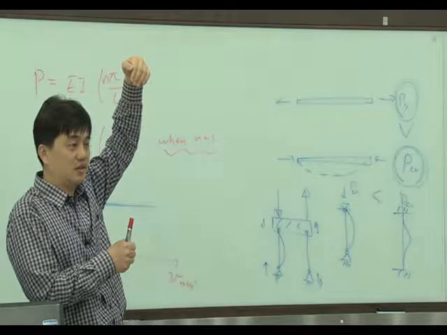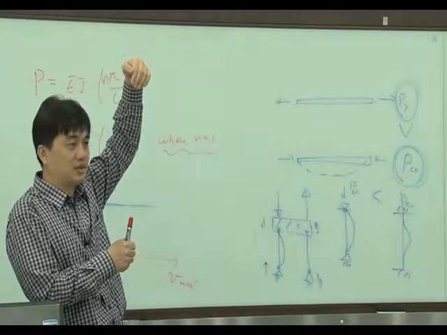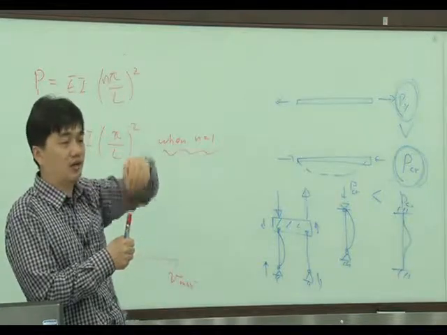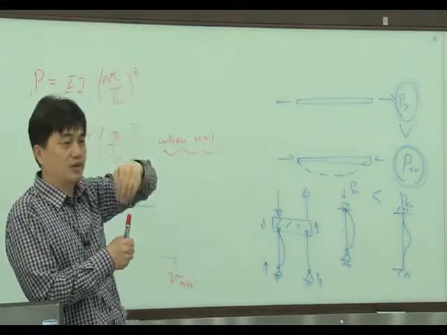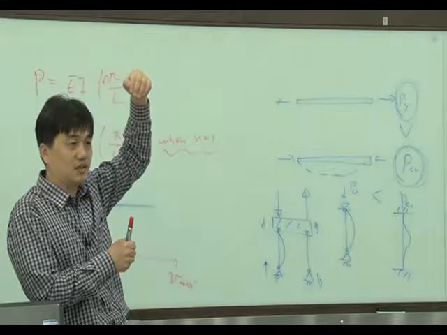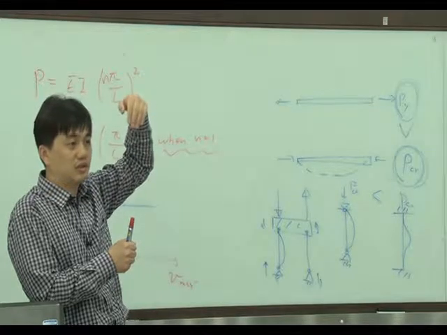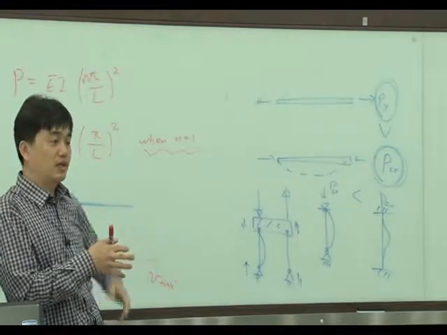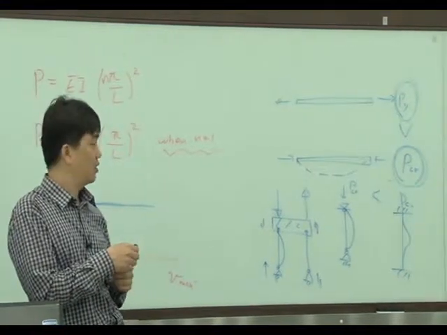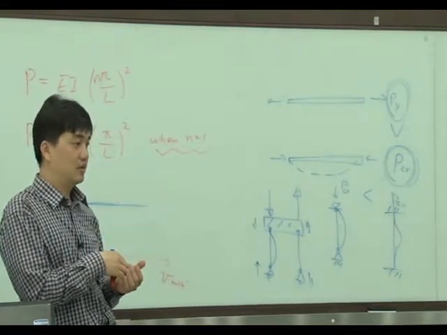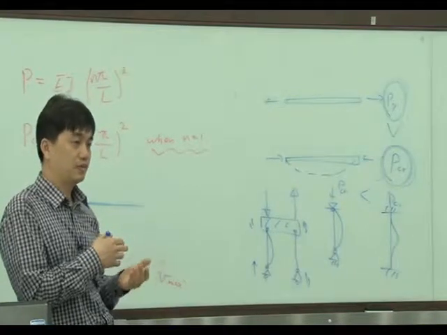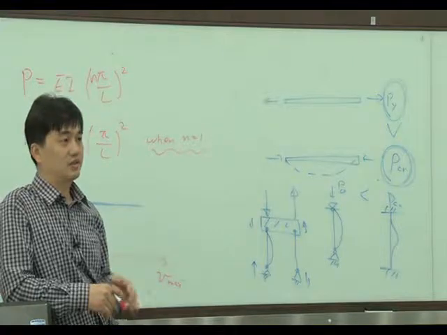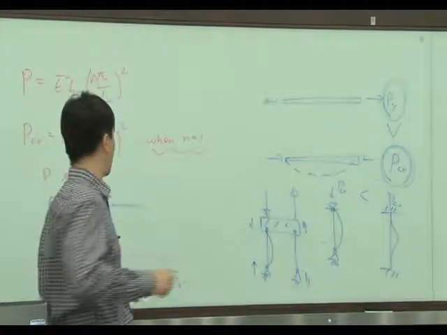But in a real case, we don't have that kind of perfectly straight bar or column. So it always buckles. We call that imperfection, and there are many kinds of imperfection.